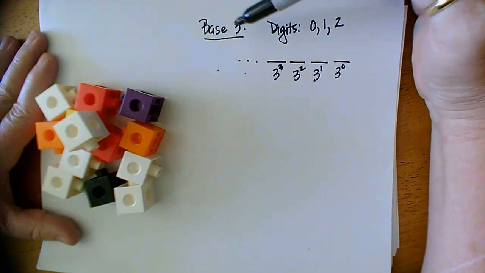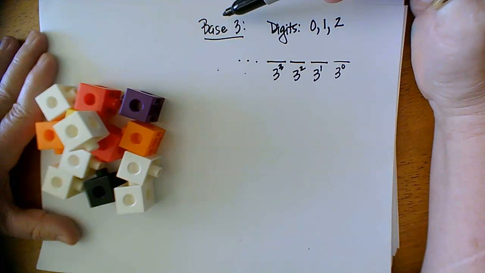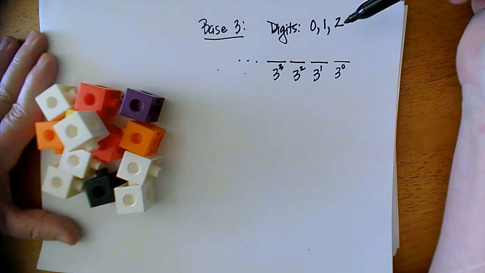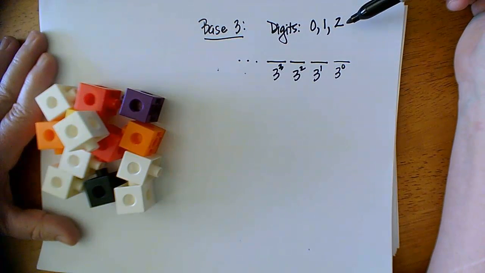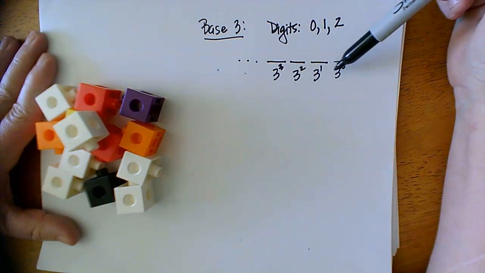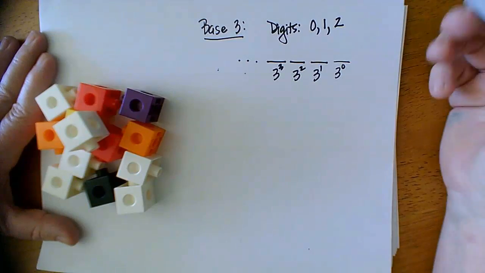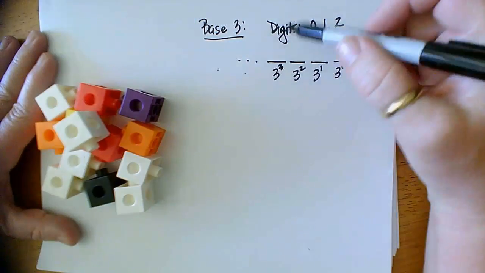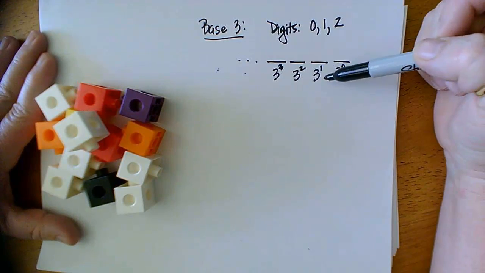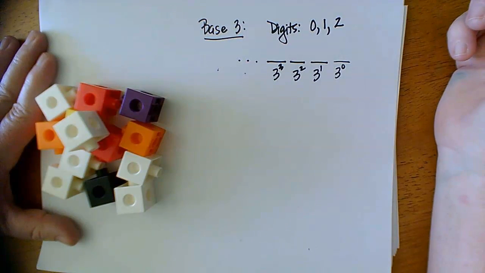When each group is preparing to present to the class, they are expected to identify the base as well as the digits that are permitted in that base. They will also identify the various place values. 3 to the 0, let's say for base 3, 3 to the 1, 3 squared, 3 cubed, and so forth.